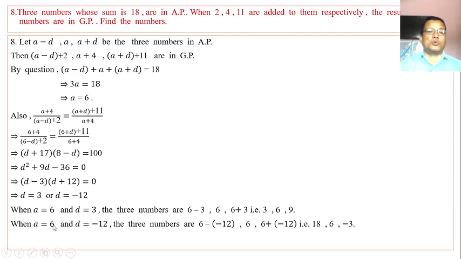For D equal to minus 12, simplify, we get 6 minus 3... it must be minus 6.